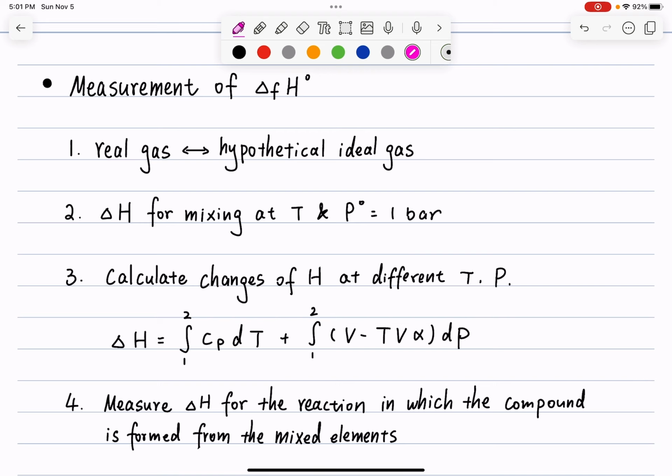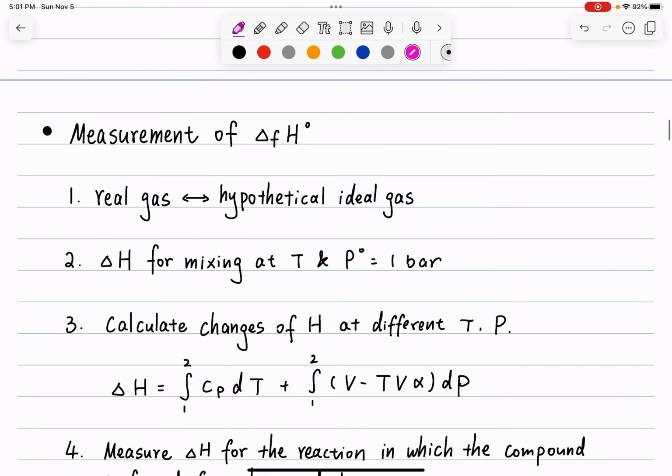Next up, the question becomes, all right, we know we can read our standard enthalpy of formation from a thermodynamic table. What about the measurement of the standard enthalpy of formation? How exactly did we measure all these things in the table here?